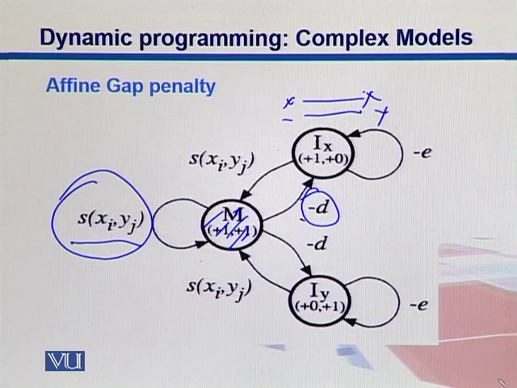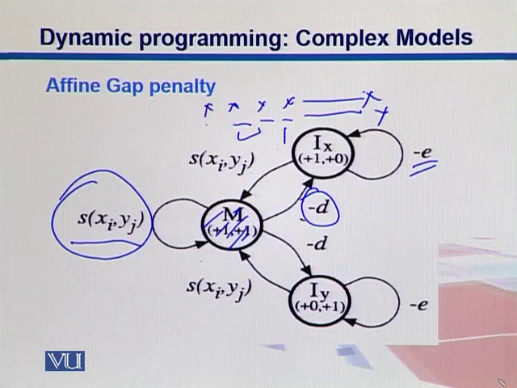It keeps on operating over here with e, the gap extension penalty. As soon as we get symbols in both of them, after having, say, these three gaps, we reach a situation where we have a symbol over here and a symbol over here. So again the system moves back in this direction.